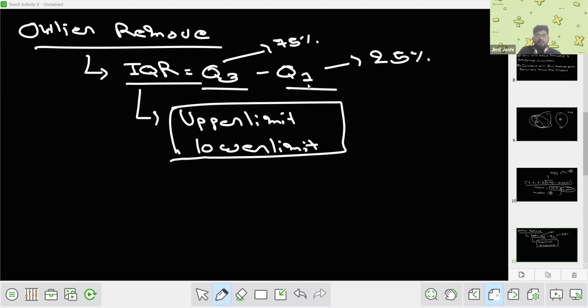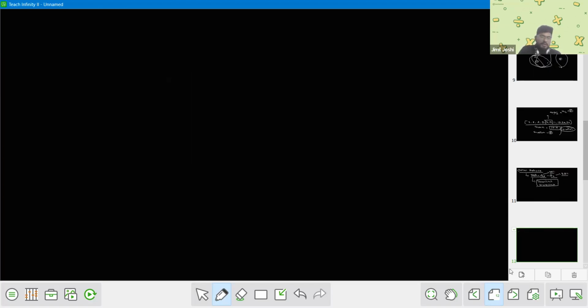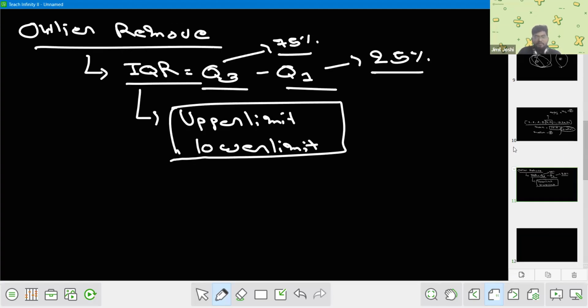That's why. Okay. So you have to find the Q3 and the Q1 value of the data. How will we find those values? That is important. First of all, you have to find the value of Q3 and the value of Q1 in your data: the 25th percentile and the 75th percentile. Does anyone remember how to find those values?